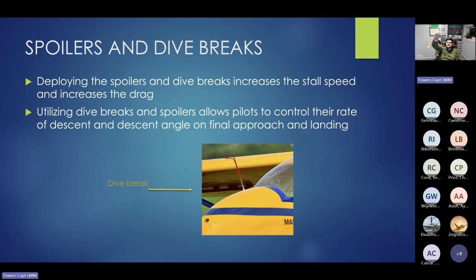If you use your spoilers and dive brakes, you can spoil your lift, increase your drag, slow yourself down, and descend at a rate that you want, for a more controlled descent. So that's the purpose of spoilers and dive brakes. Very important pieces in a glider's arsenal.